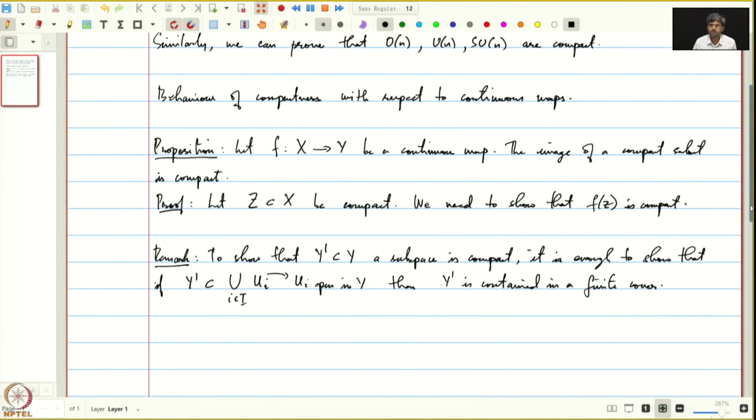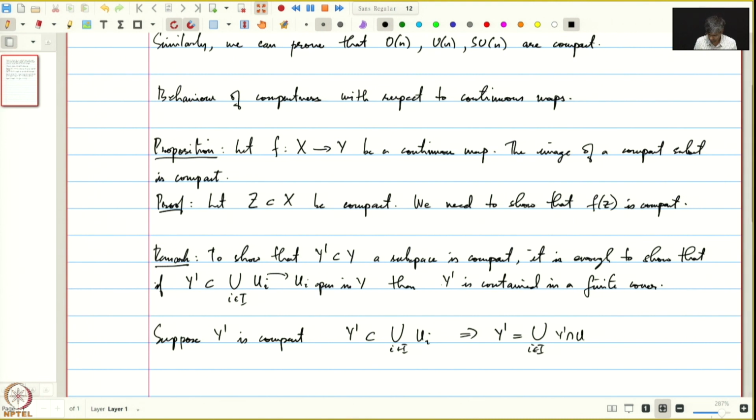So we have seen this already on 2 occasions before. So let's just prove this. This is easy. So suppose Y prime is compact. Right, and we are given that Y prime is contained in this cover Ui's.